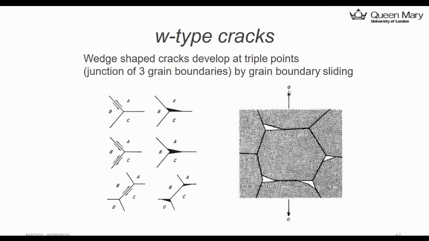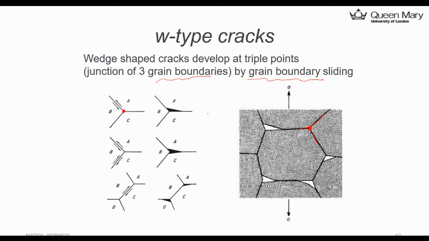So W-shaped cracks develop mostly at these triple points. What is a triple point? If you look at a grain boundary, it's basically a straight line from a point or junction here. It's a junction of three grain boundaries, and it is enabled by the grain boundary sliding like this.